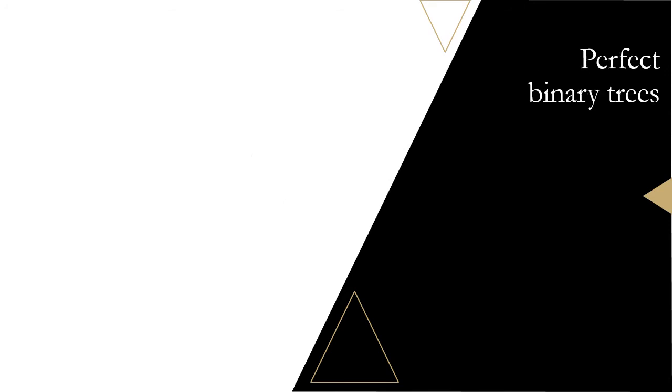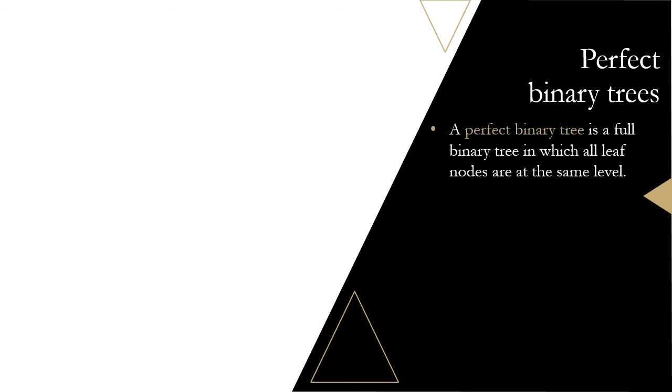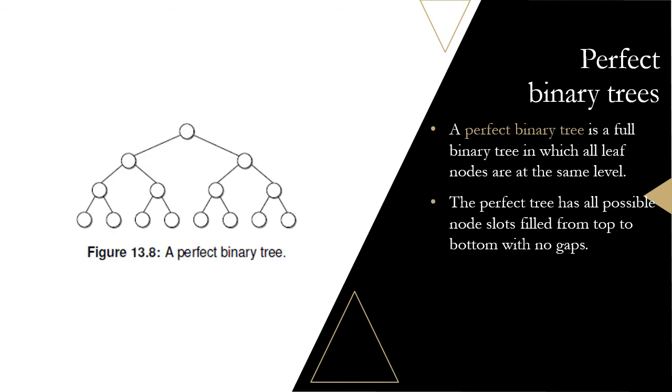Then we have something known as the perfect binary tree. A perfect binary tree is a full binary tree in which all leaf nodes are at the same level. The perfect tree has all possible node slots filled from top to bottom with no gaps. We use the acronym PBT for the perfect binary tree.